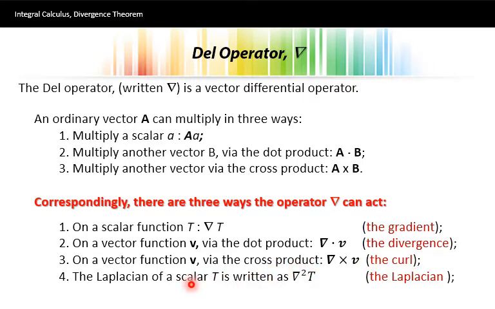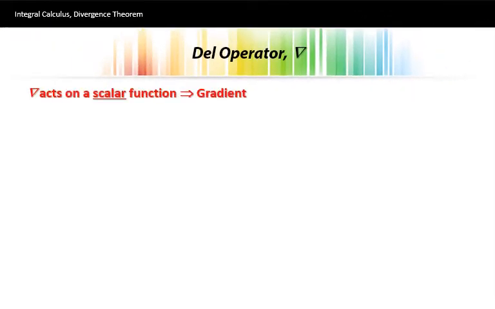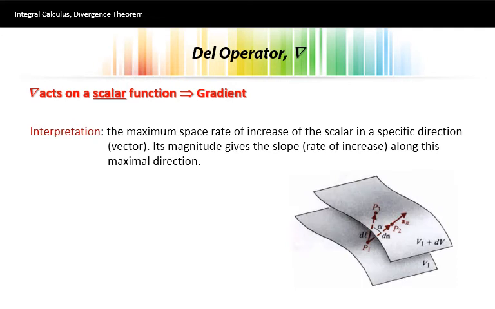Finally, the Laplacian of a scalar is written as del squared T. So this, as I already told you, is called the Laplacian. Let's have a closer look into these operations.